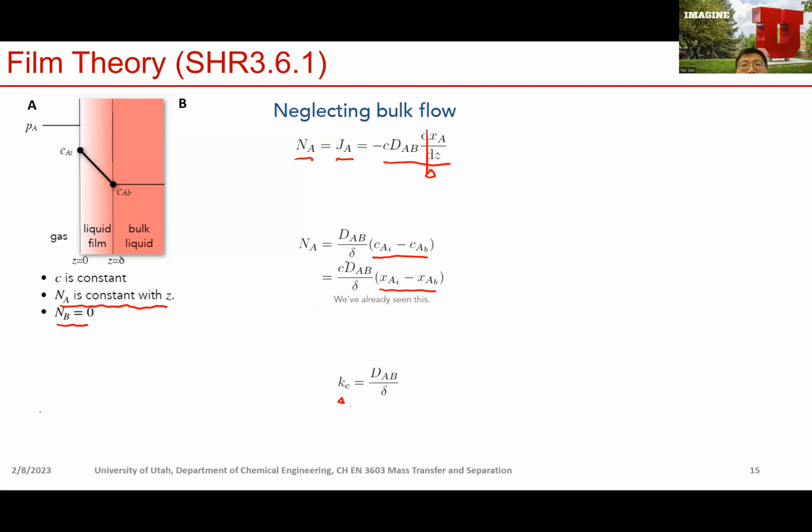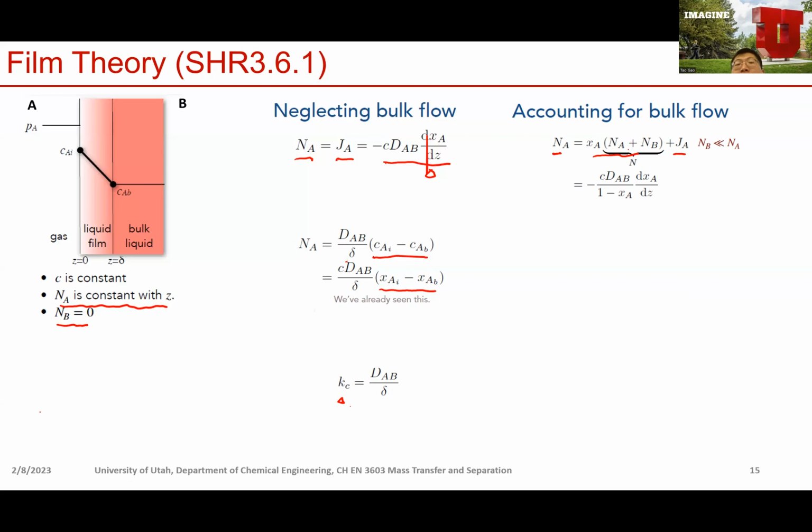Now for this problem, as long as we can find the mass transfer coefficient, we can solve it. For the case where we have to account for bulk flow, the total flux is made of both the diffusive flux and the convective flux, right? And the convective flux is the mole fraction of A multiplied by the total mole flux.